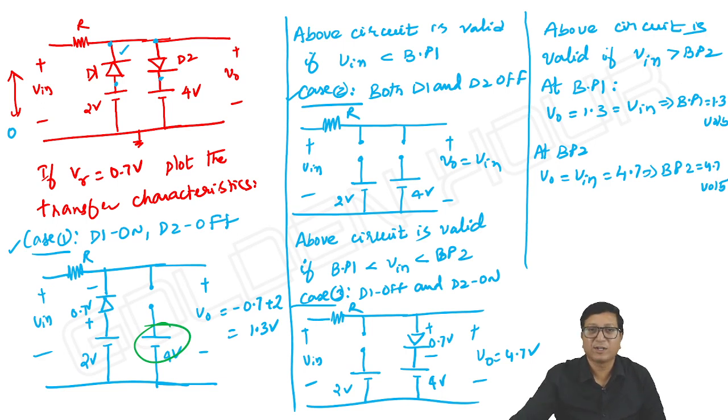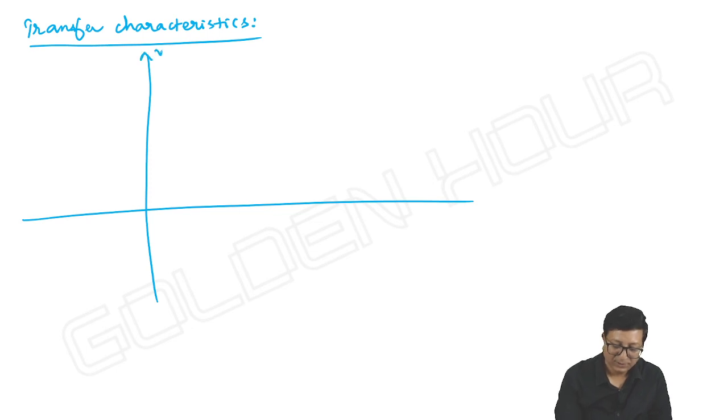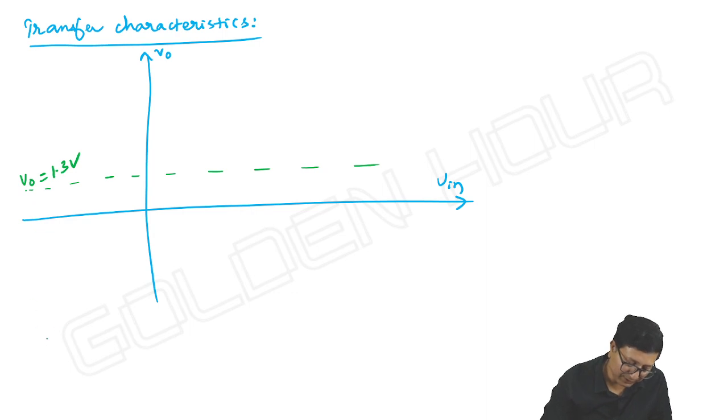Now let us draw the transfer characteristics. One equation is output equal to 1.3 volts. The second equation is output equal to input.